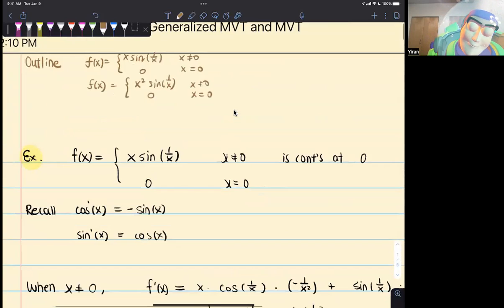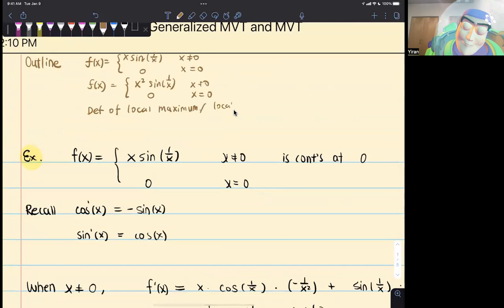And then the next thing we talk about is the definition of local maximum or local minimum, and the theorem.